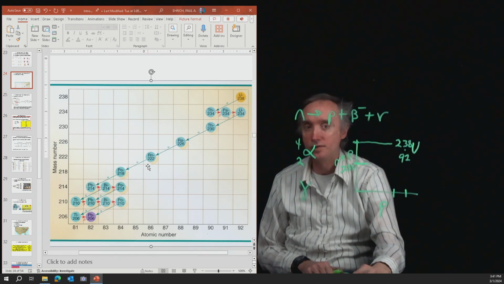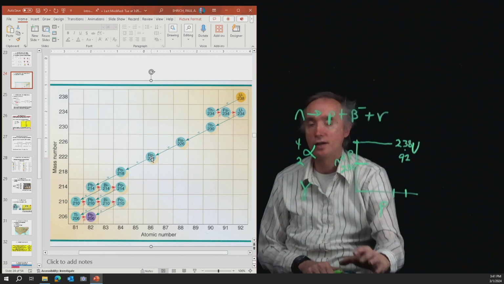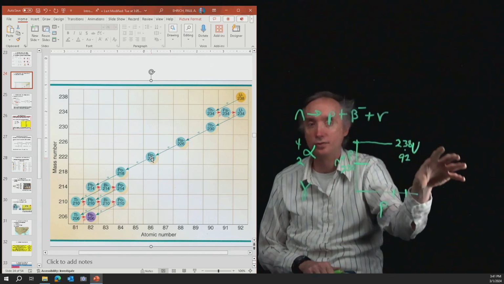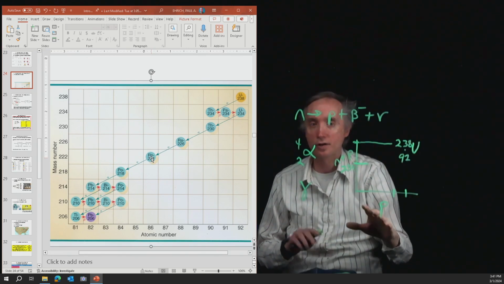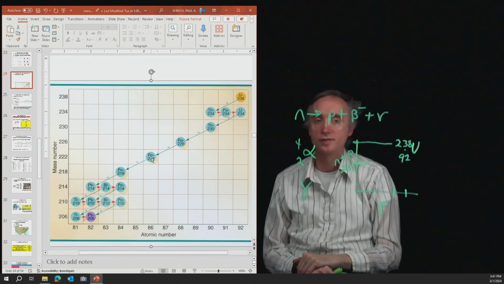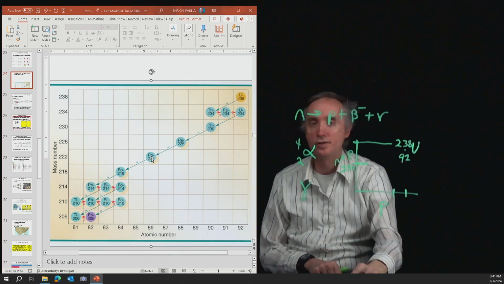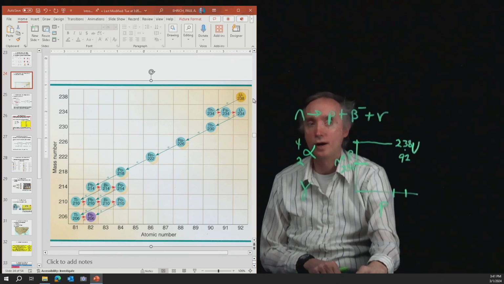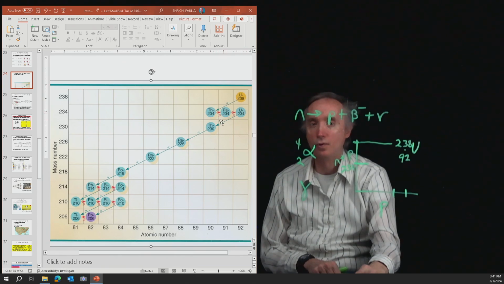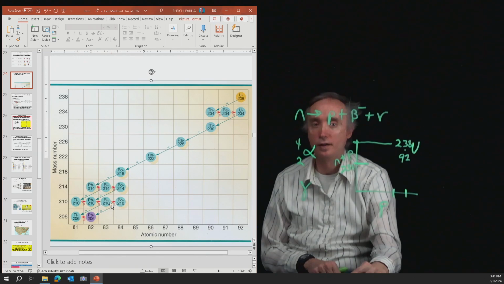They have their own speed at which they change from one element into another element, and we're going to talk about that in our next segment. But all I want you to see from this chart is you start with one radioactive element up here, and it turns into a whole bunch of other radioactive elements before it finally settles down to lead.